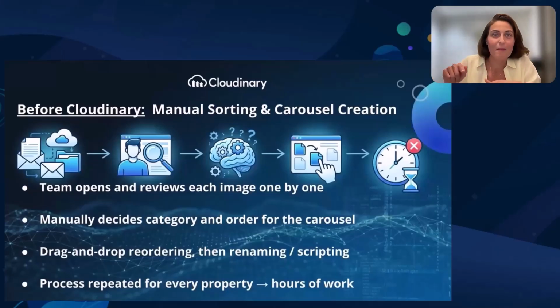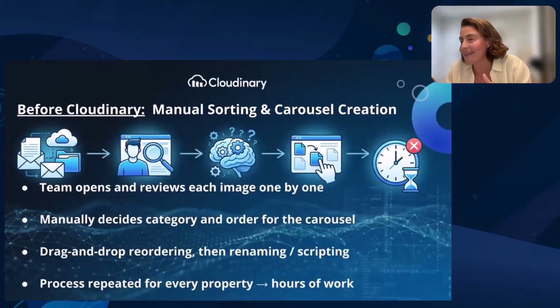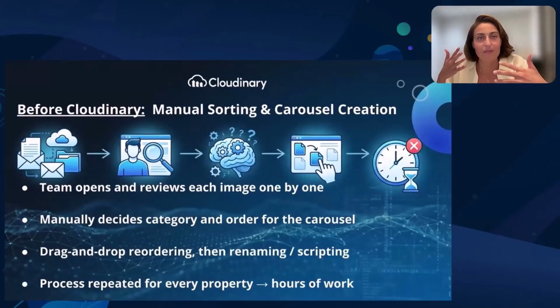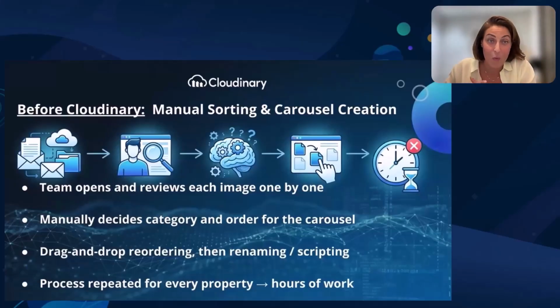And then they actually manually figured out where it should appear in the carousel. They had to do this for every property: opening, inspecting, dragging, reordering, double checking. So you can see how this easily adds up to hours of repetitive work.